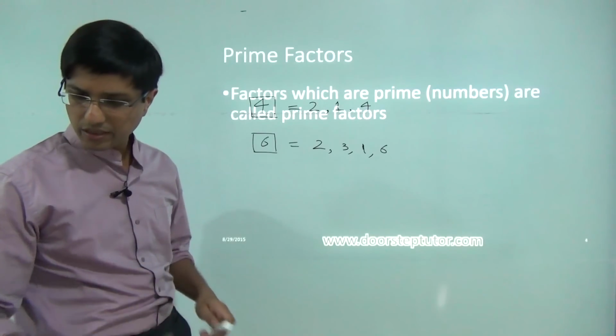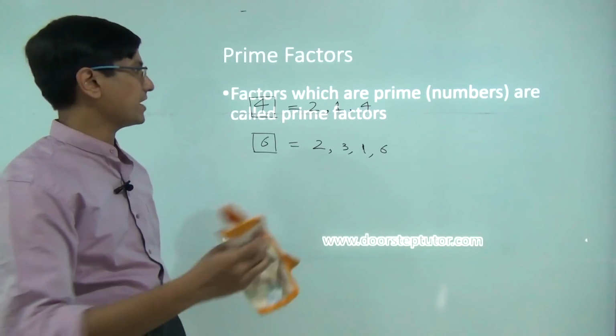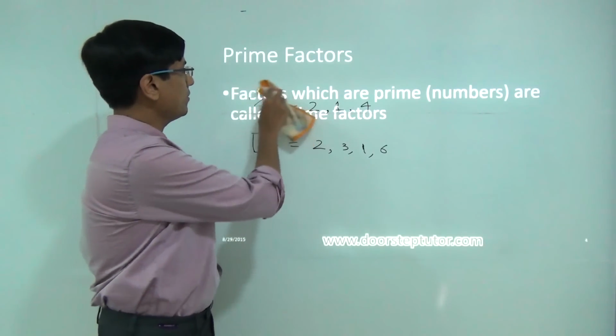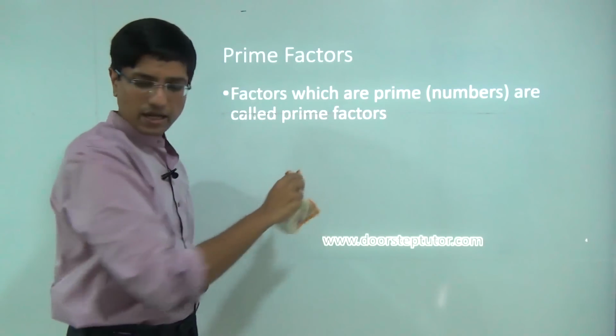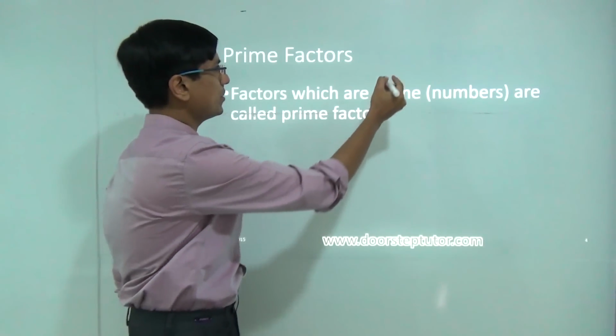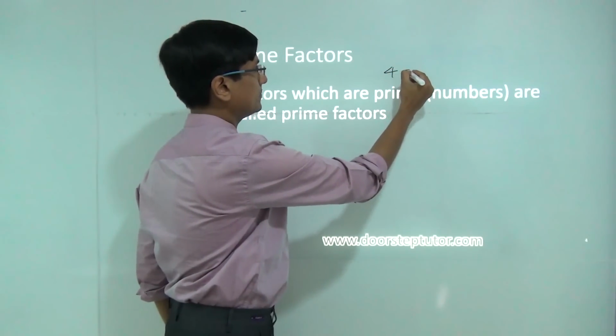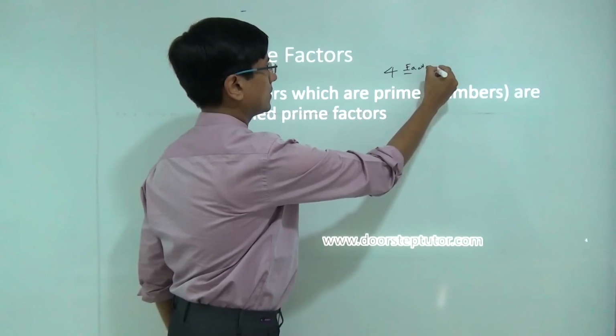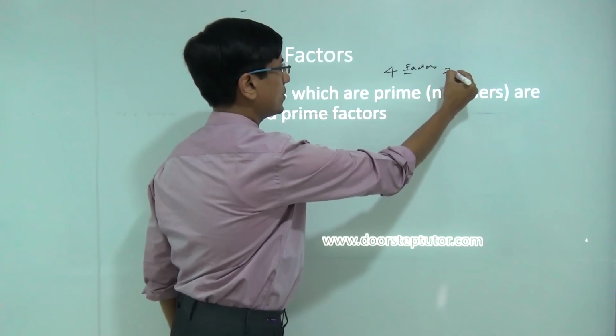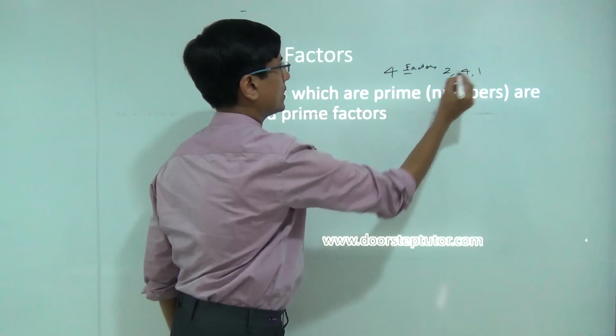So now let's understand what prime factors are. There is a distinction between factors and prime factors. We are going to take the same example. Factors of number 4 are 2, 4 and 1.